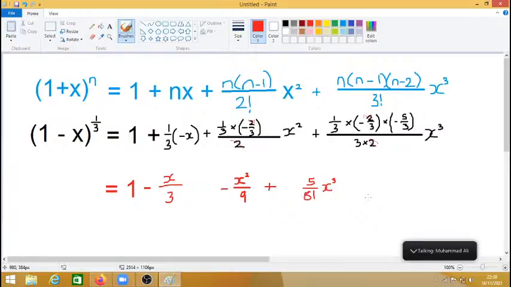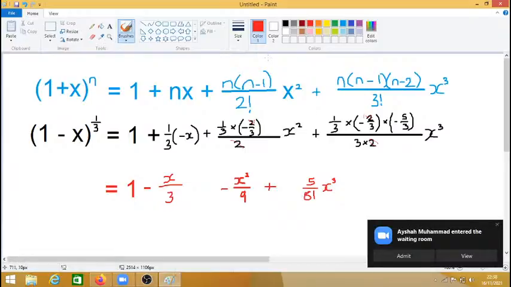Now the signs I think I've got a little bit wrong, so let me just make a correction. Remember I said that the x in the formula is whatever is in this part of the bracket. So the x has to be replaced with minus x. I did that here, but I didn't do that in the other places. So let me just do that now.